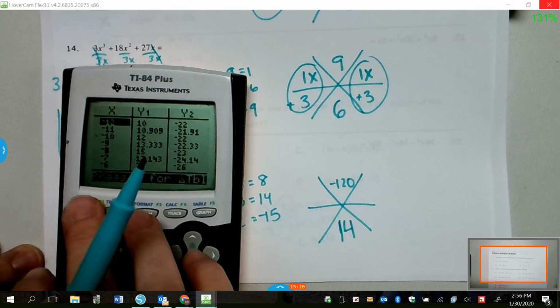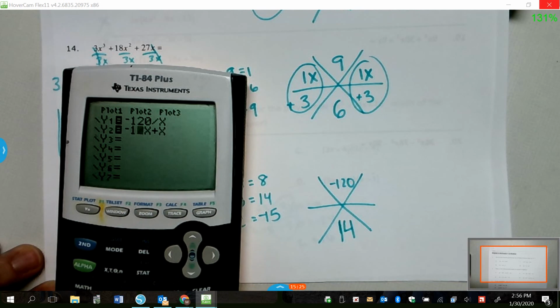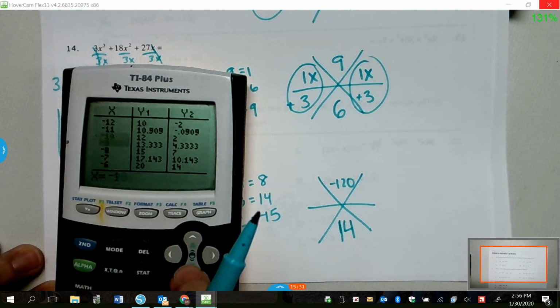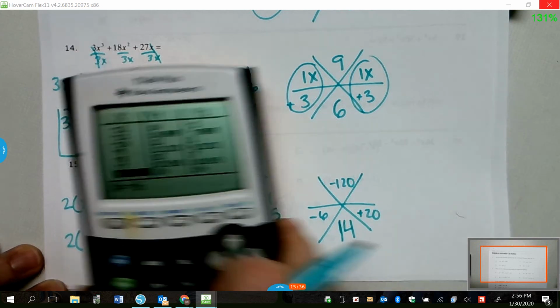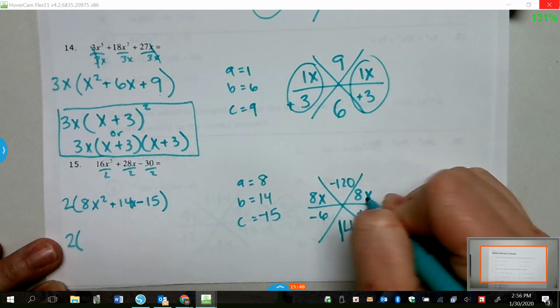Oh, I forgot my negative. Be careful. I'm looking for 14, positive 14 right here. Negative 6, positive 20. Oh, I forgot my ax. So A is 8x, 8x.